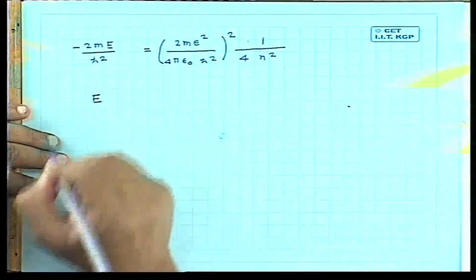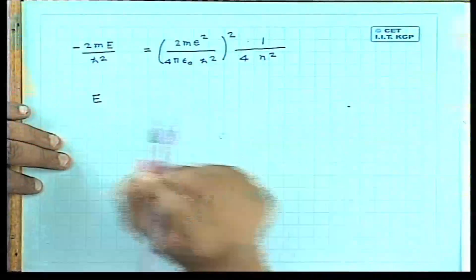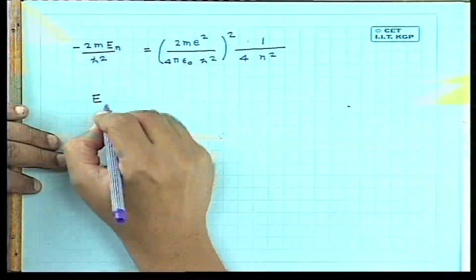We can label the E's. So for each value of n, there will be a different value of the energy, so we can label them by En.